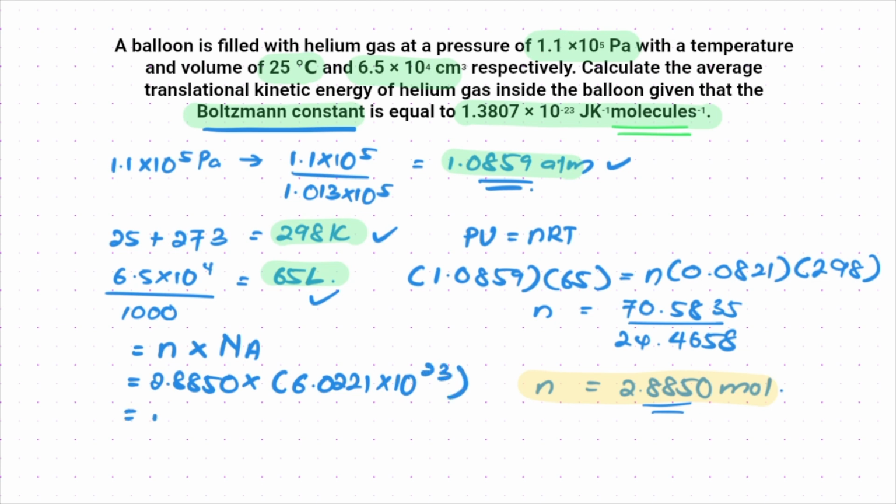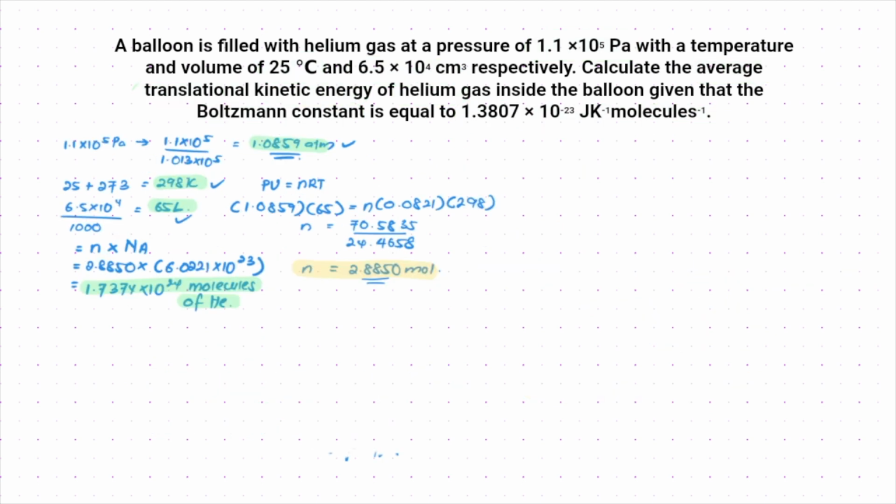Therefore, you will get 1.7374 times 10 to the power of 24 molecules of helium. Up next, we are going to use this value and associate it with the Boltzmann constant to find the average translational kinetic energy of helium gas.